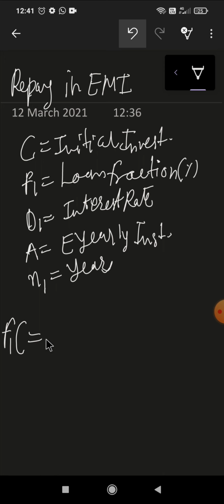Now we will use the formula of the sum of present worths, sigma j from 1 to n of a upon (1 plus d1) raised to j.